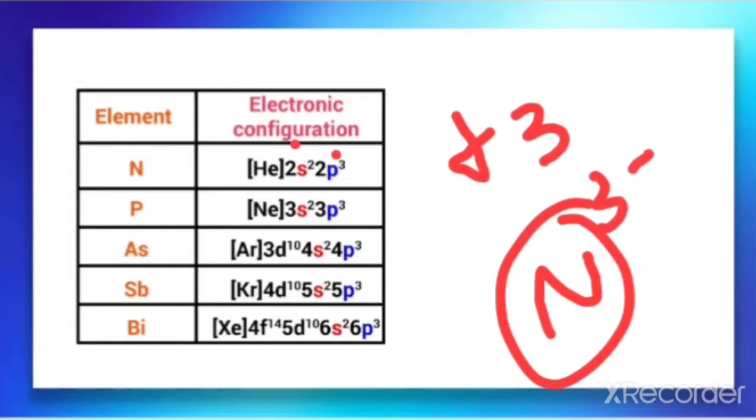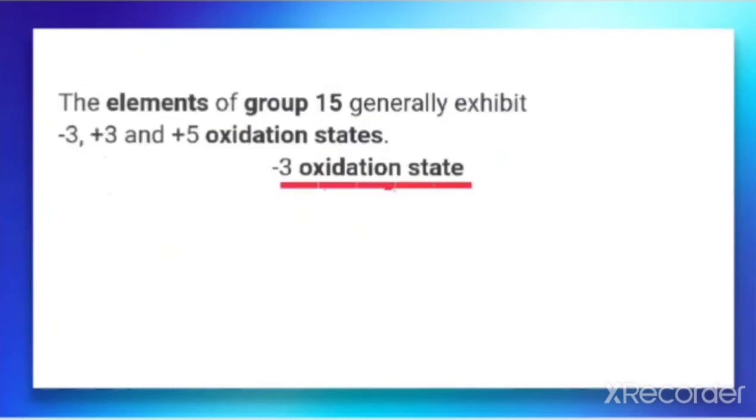But the other elements of this group form covalent compounds with the metals and show the -3 oxidation state. Examples: calcium phosphide, sodium arsenide, etc. So for the -3 oxidation state, for example, in the case of ammonia, nitrogen has the -3 oxidation state.